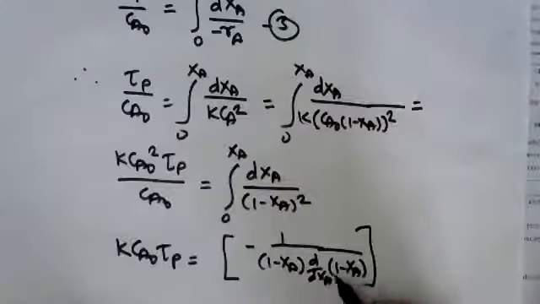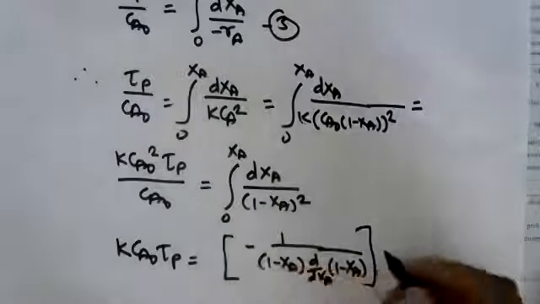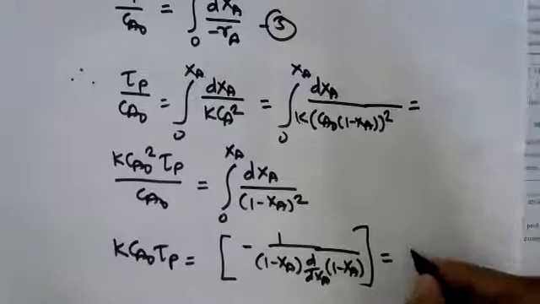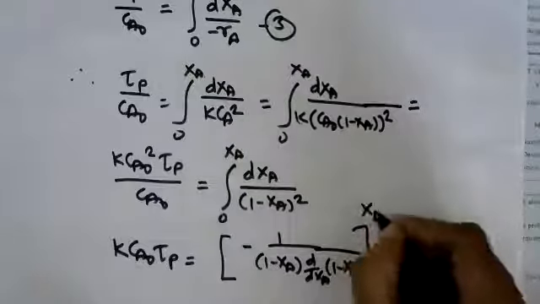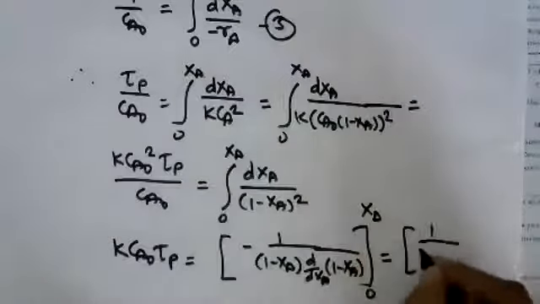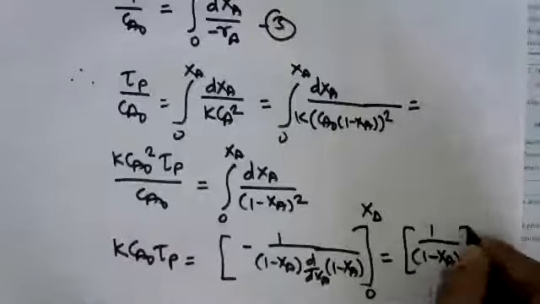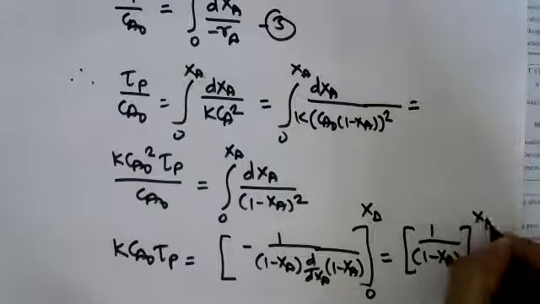The derivative of this composite function: the derivative of 1 with respect to xa is 0, and the derivative of xa with respect to xa is 1, but this minus sign is there. So this minus and this minus will become plus. So what you will get is 1 upon 1 minus xa from 0 to xa.